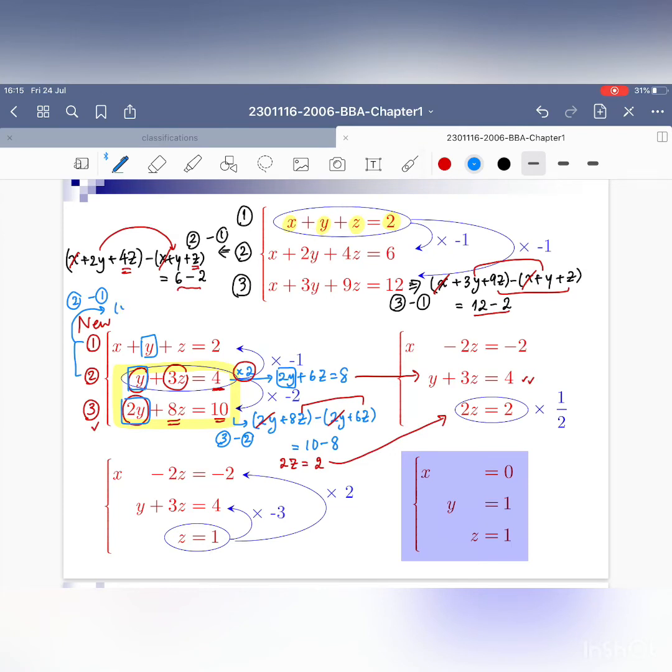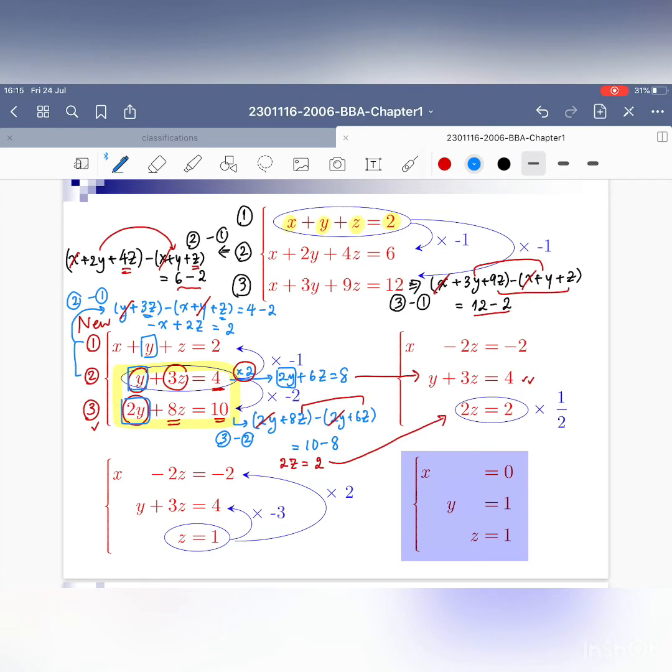Your left hand side on number 2 is y plus 3z, your left hand side on number 1 is x plus y plus z, and your right hand side has 4 and 2. So again, all the y's cancelled, but you still have something left over, for example negative x and 2z, because 3z minus z is 2z, equals 2.